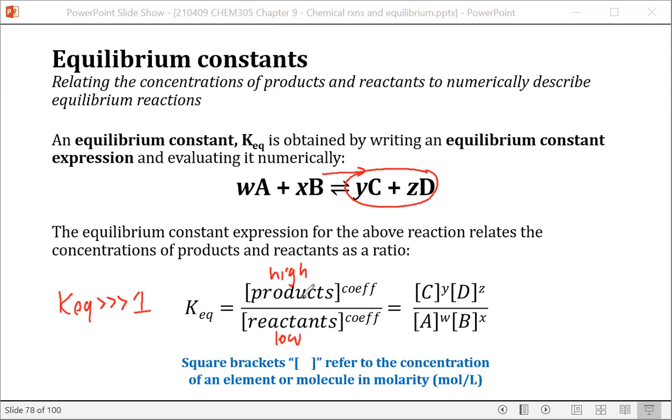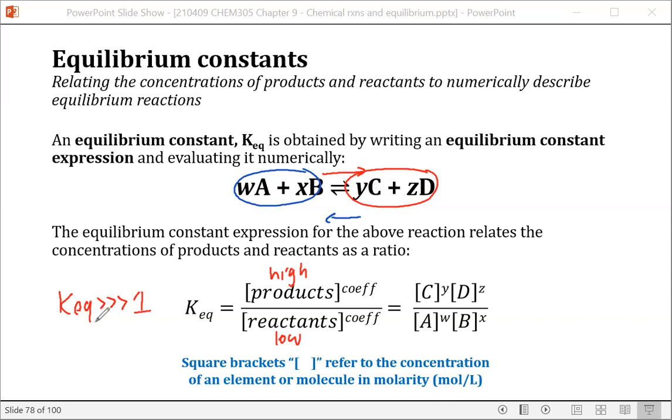So by evaluating equilibrium expressions for KEQ, when we look at the value of KEQ, we can get a sense of whether the reaction favored producing products. Was it pushed to the right to make more product? Or did it favor the reverse reaction, making reactants? And again, if KEQ is significantly larger than 1, that means the concentration of products was relatively high compared to the concentration of reactants, and the forward reaction was preferred or favored.